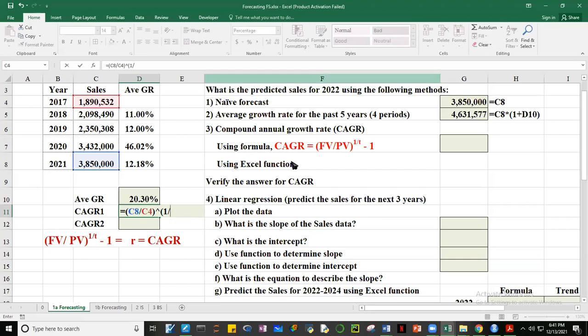Who answered? Ian, sir. Ian, yeah. Thank you, Ian. You're correct, no? 4. So, bakit 4, guys? Take note, guys, ang hinahanap dito, yung number of periods. There are 4 periods. This is one growth rate, 2, 3, 4.